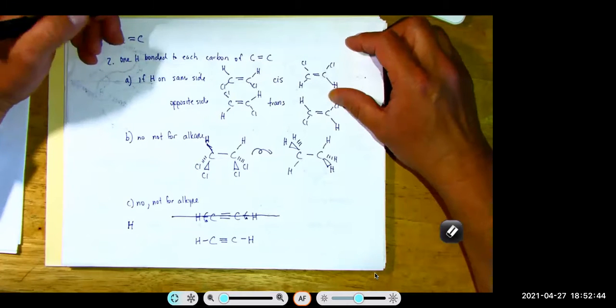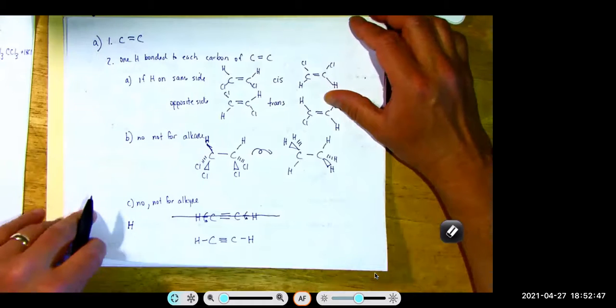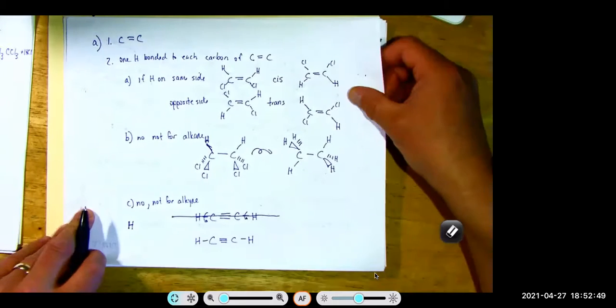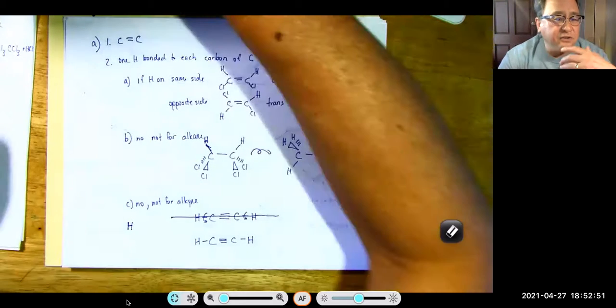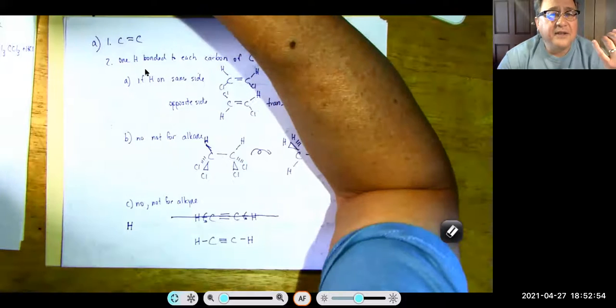So for alkanes, we said there is no cis or trans. And let me see if I can show you something.